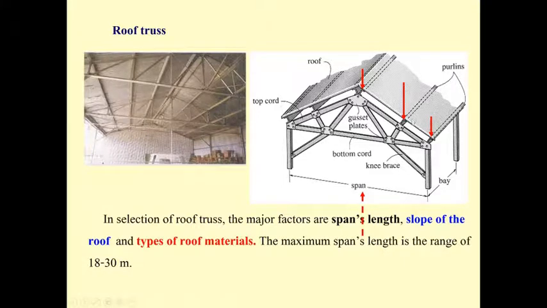Since the roof has two sides, there are also loadings acting on the truss in this direction. And then to increase the stability of the truss, some may put a knee brace between the truss and the column. That's going to increase the stability of the structure.